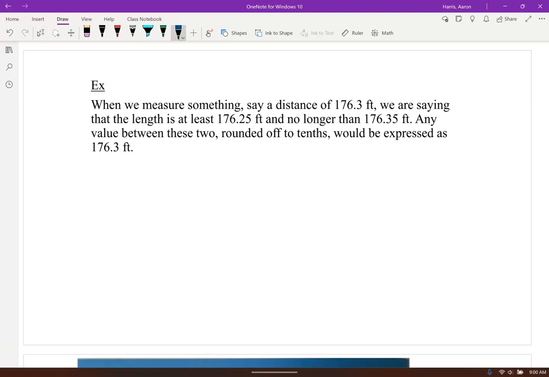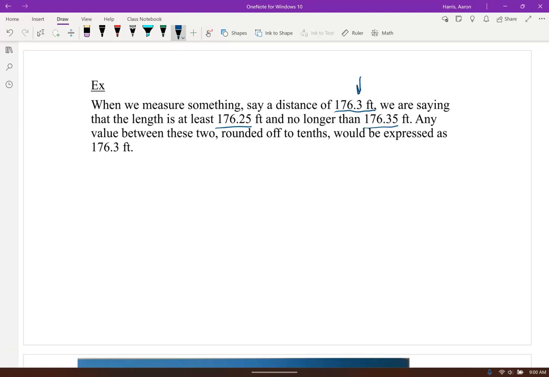When we measure something, say a distance 176.3, we're saying that the length is at least 176.25 and no longer than 176.35. Any value between these two rounded off to tenths would be expressed as 176.3 feet, right?